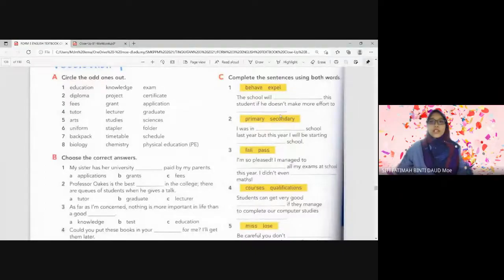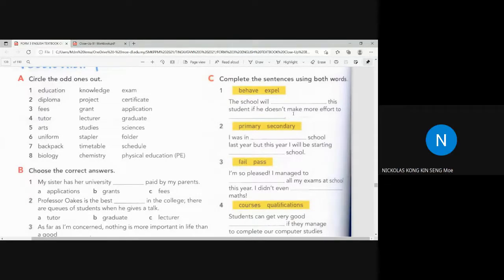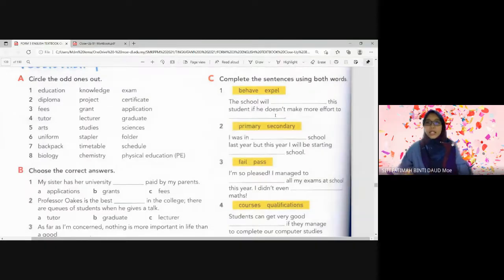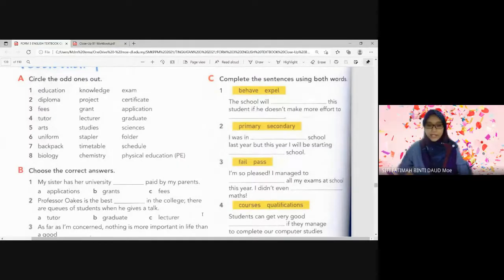Okay, so the school will do what to you if you don't make more effort? The school will expel this student if he doesn't make more effort to behave. What is behave again?